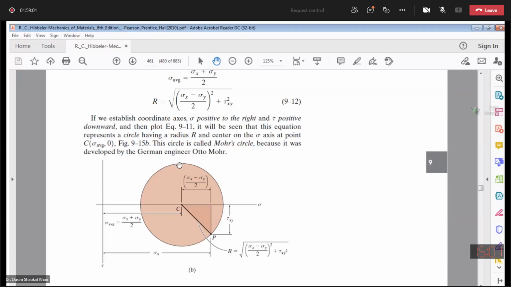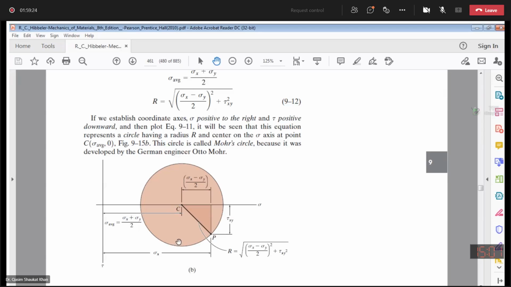Over here the maximum shear stress will be negative, over here it will be positive, and this is the point of average normal stress. So my shear plane is this one.